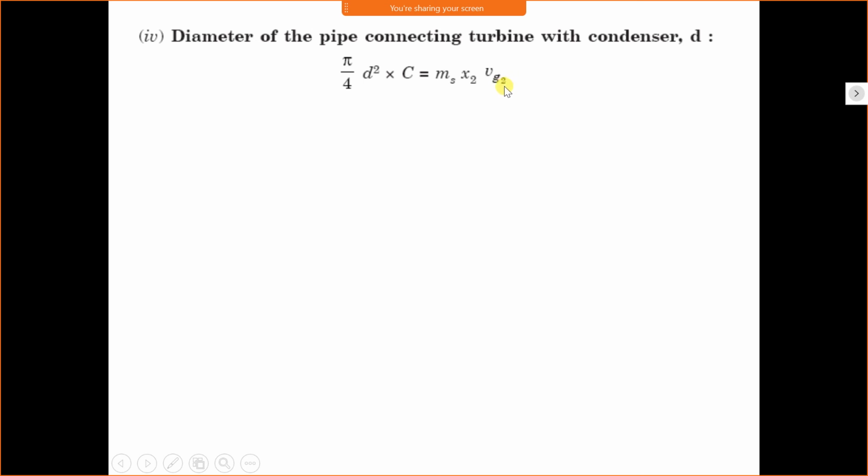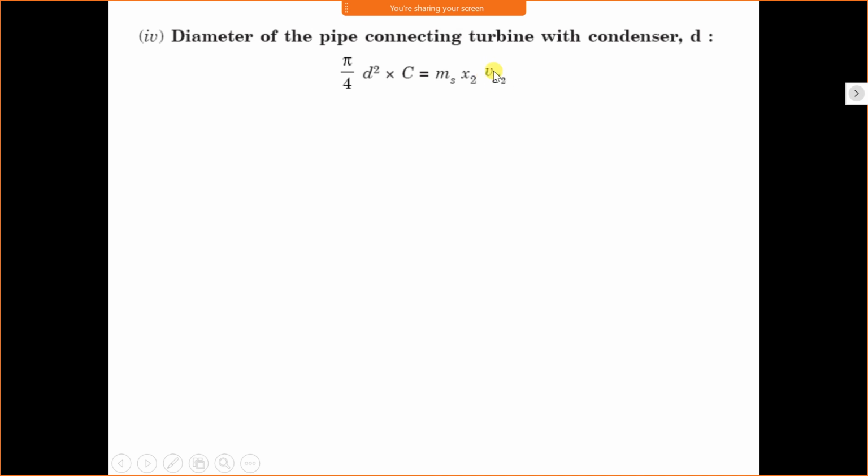This is the formula. Area of pipe is pi by 4 d square, and velocity of steam flowing through the pipe is c. That equals mass of steam into specific volume of steam.